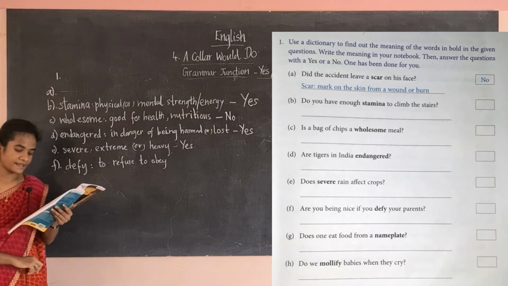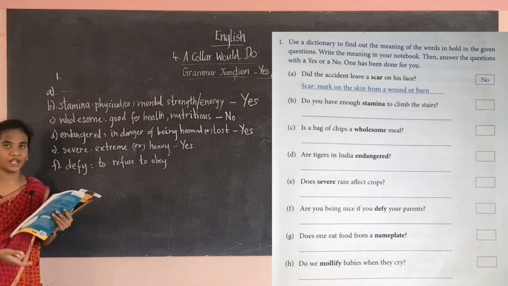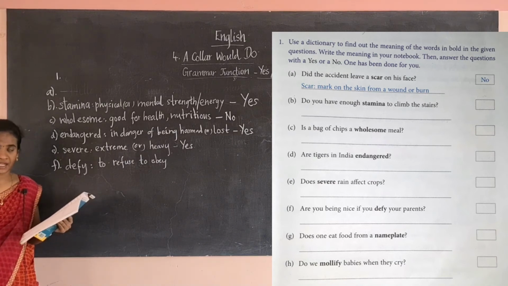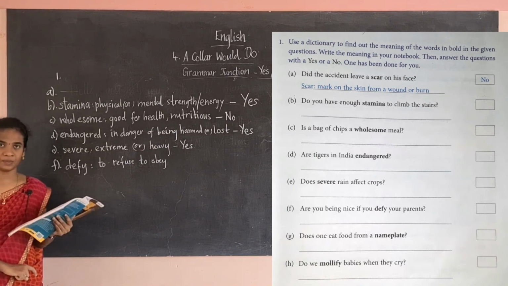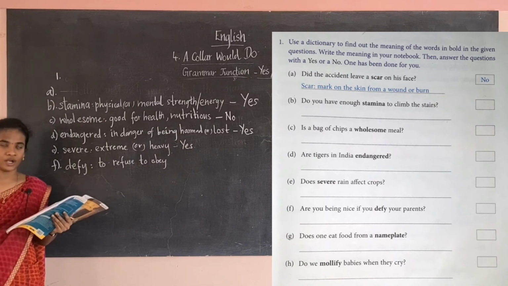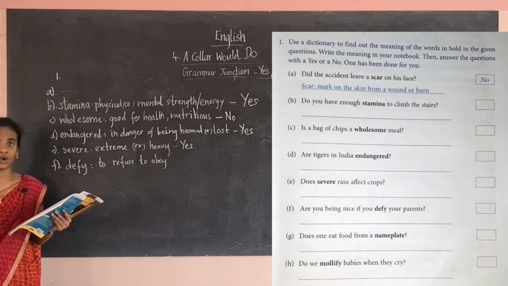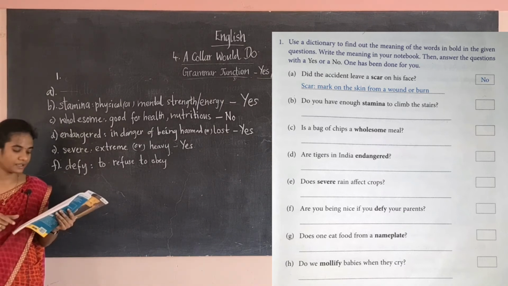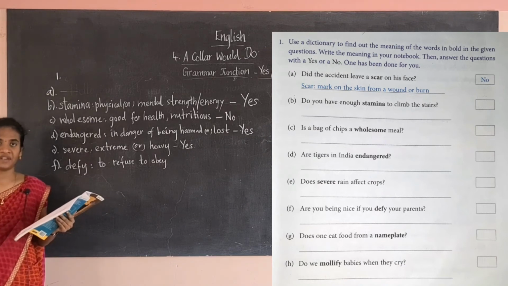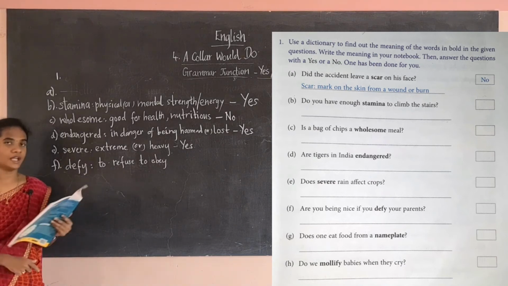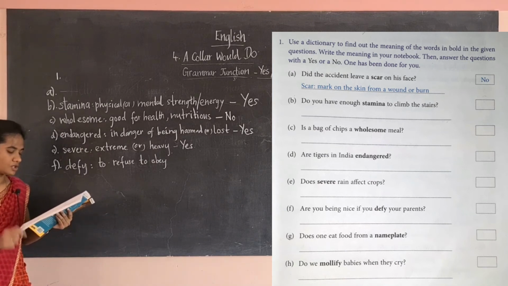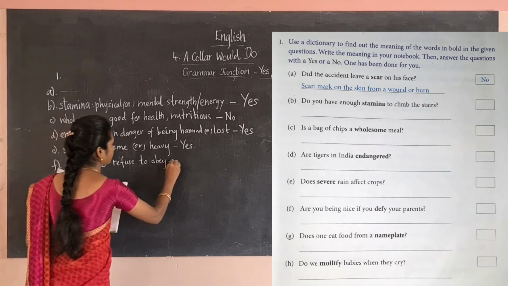If you refuse to obey your parents, are you nice? No, definitely you will not be nice. You will suffer a lot. Without respecting your parents, you will struggle a lot in your life. So we say no to that. The answer is no.